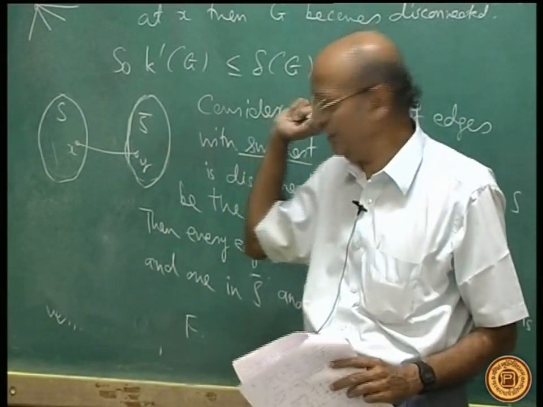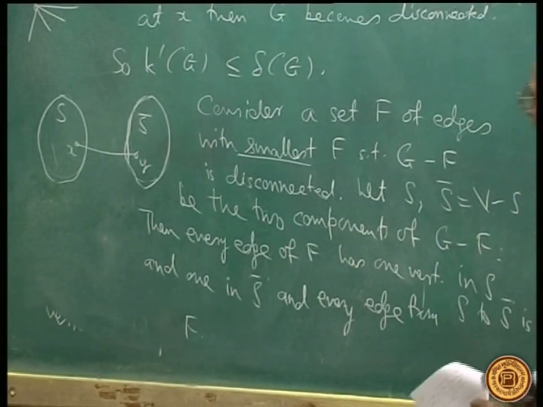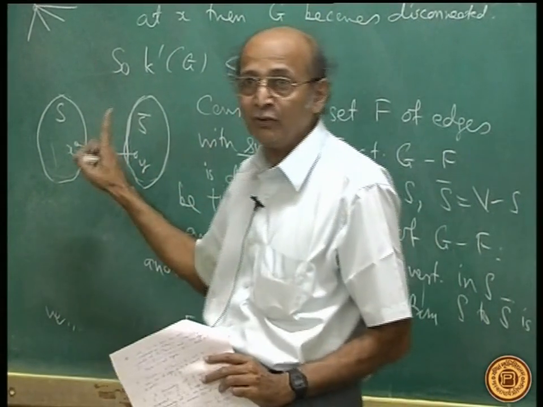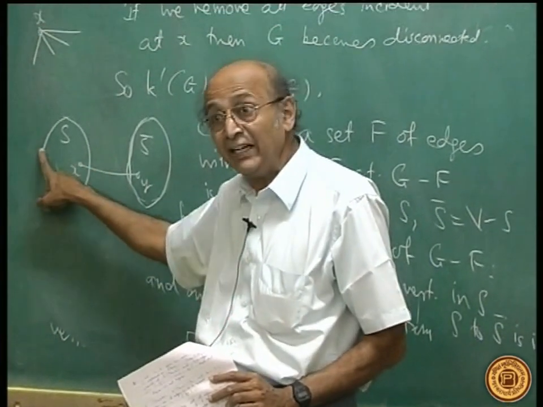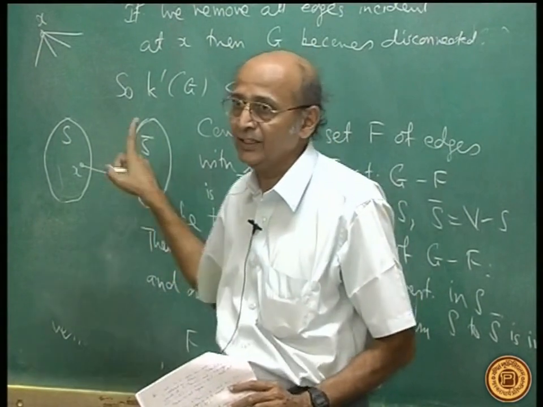This will not get every edge from S to S bar. I'm not saying that this is a bipartite graph or anything like that. But whatever edges there are in the original graph, they all will have to be in F.